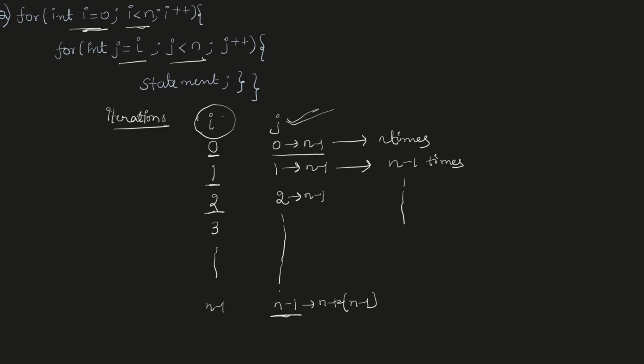In the same way, the value goes up to 1. We need to add up all the times we have got. For the value of I, we get the number of times the value of j runs, and we need to add up each of them to get the time complexity. So let's see how we add things up.